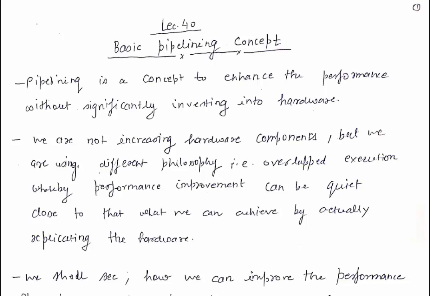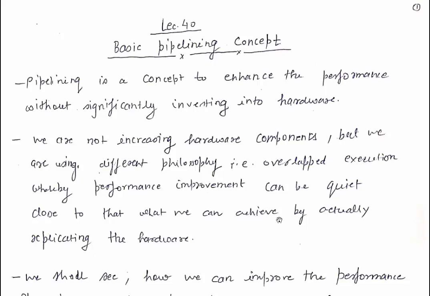We can divide a complete task into a number of subtasks, and we will allow each and every subtask to be performed with the same hardware that we are using. So we have an extra cost, that is dividing a task into subtasks. Other than that, we have no extra cost in pipelining.